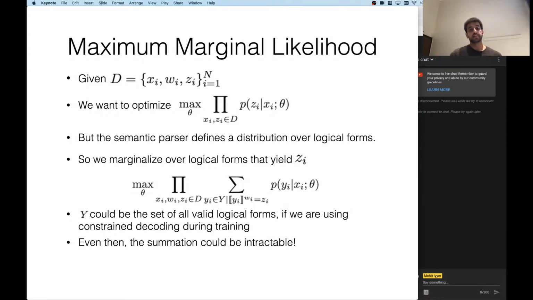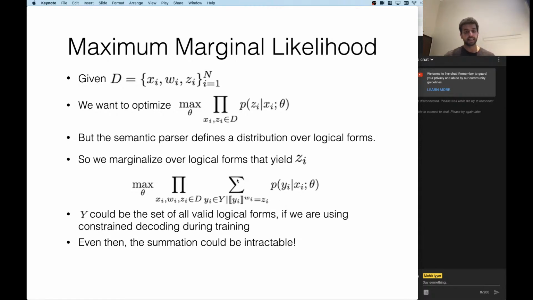And so that entails having some sort of logical form that can be passed into the executor.